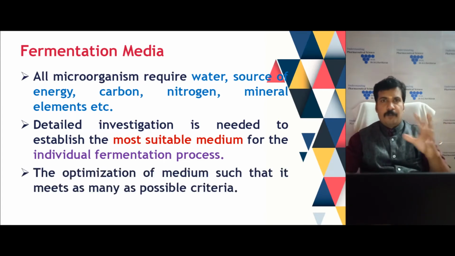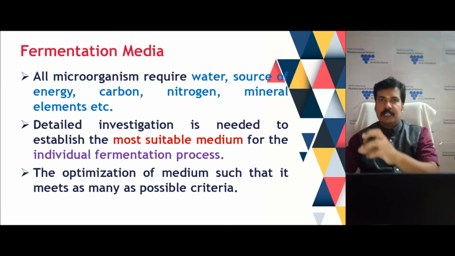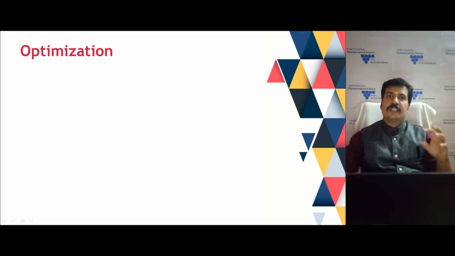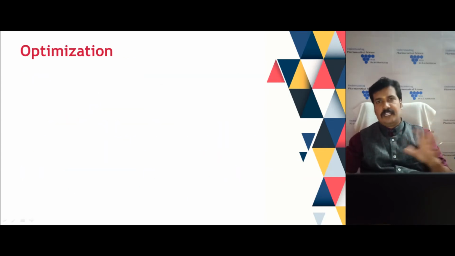One part of getting the best medium is the optimization of these constituents. That means how much is needed for each source, whether it's a carbon source or a nitrogen source, it should be optimized. This can be done by various techniques.